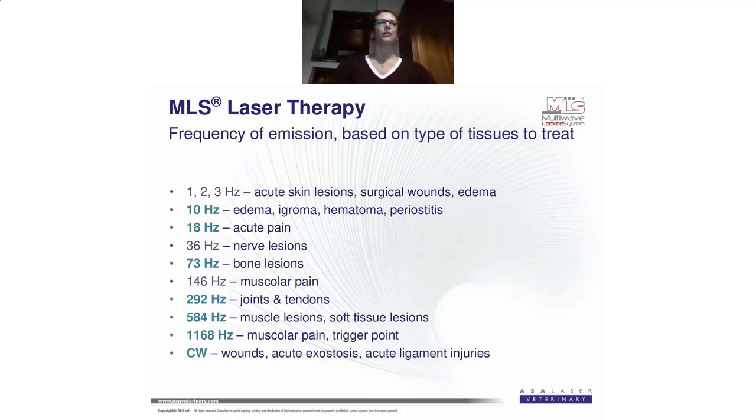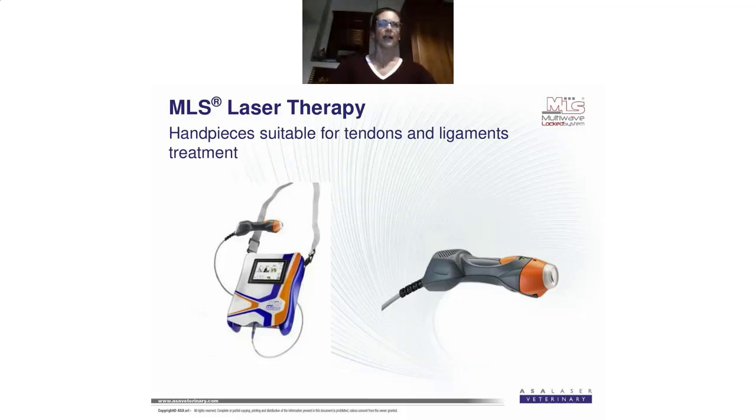So let's go deeper. The handpiece I use, of course, is the small one, because I want to come in touch with the skin, and I want to be really aware where I'm treating and how much energy I'm giving each point.